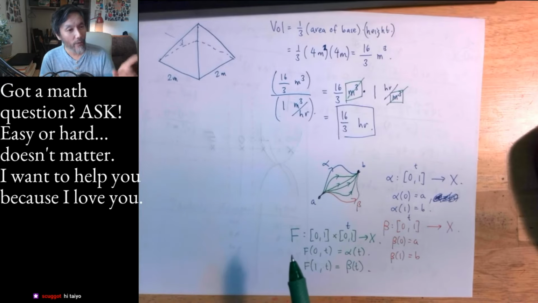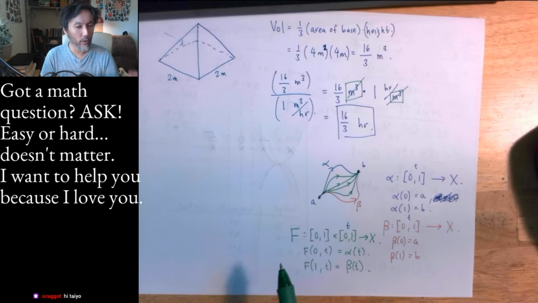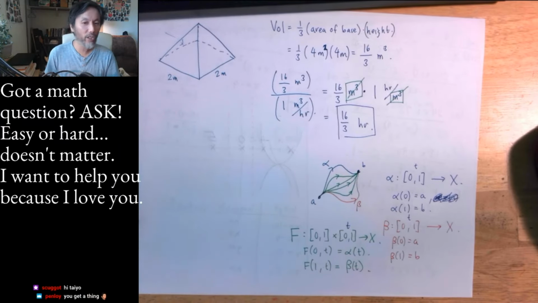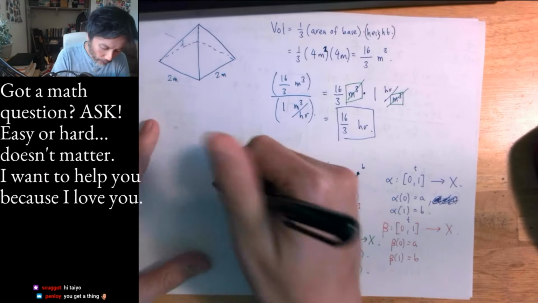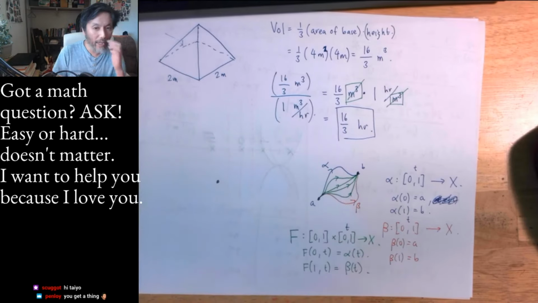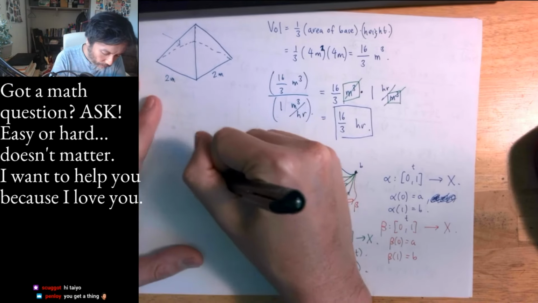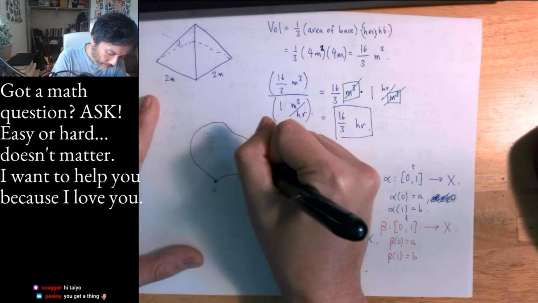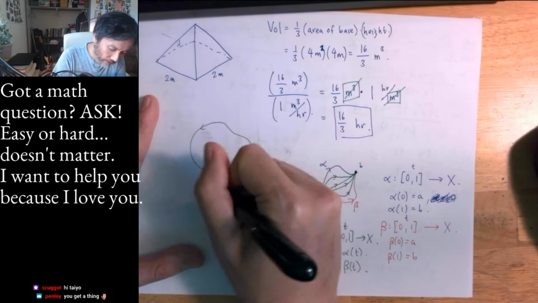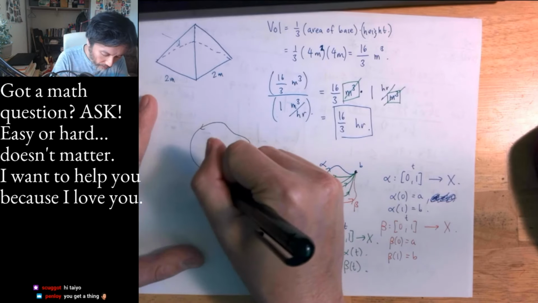And in fact, this becomes even more useful if you make the following additional assumption. Suppose A is equal to B. In other words, suppose you think about homotopy classes of paths from a point A to itself. So here's one possible path from A to itself. And you might have some other one, like this.